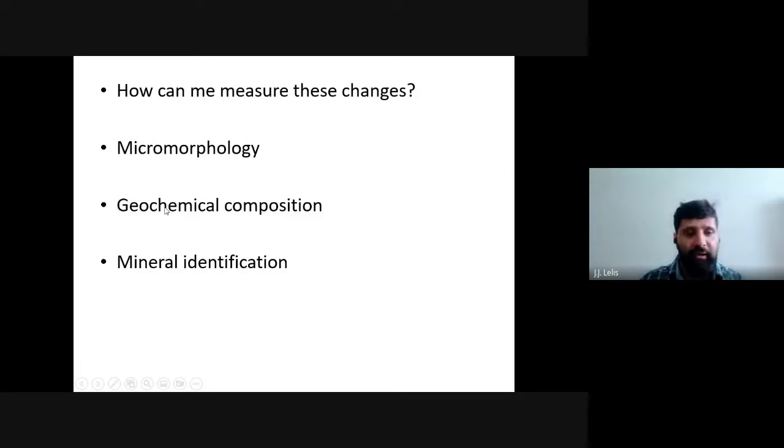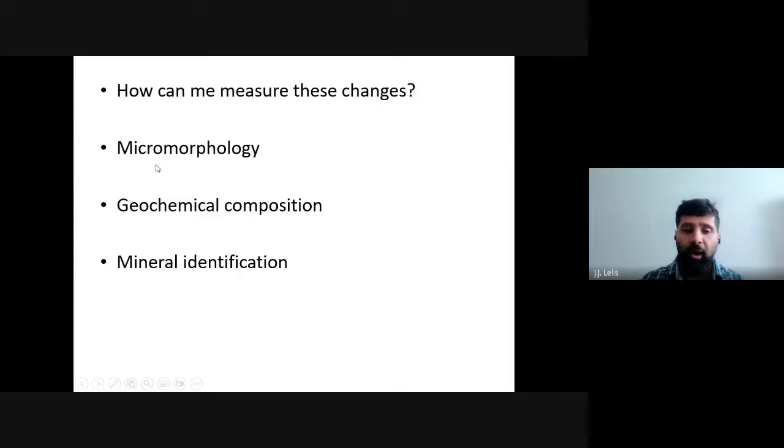The geochemical composition of the parent material, the soil layers and horizons helps us a lot to understand how these materials could be changed by time. And of course, the identification of the minerals in the parent material and the fine and coarse fractions of soils helps us to understand how these materials could change through time.